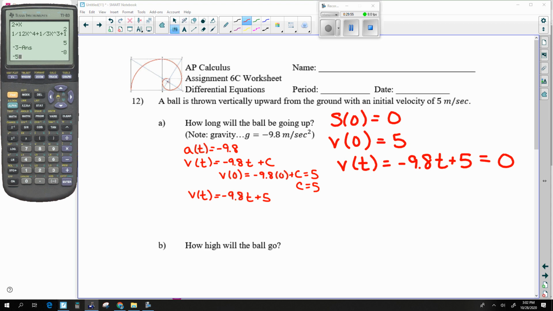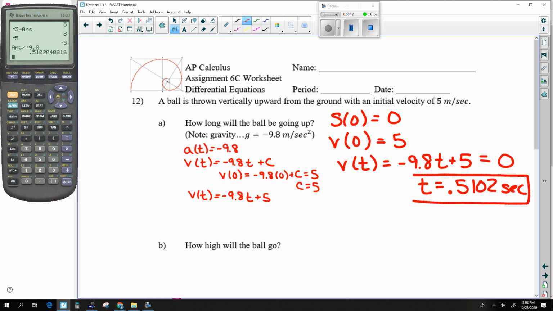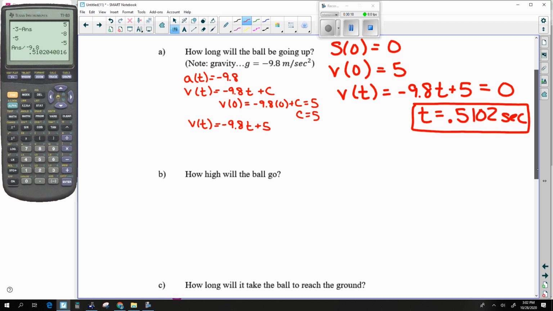So this will be -5 divided by -9.8. It's going to take 0.5102 seconds to get to the very tippy top. That's when the ball is going up.